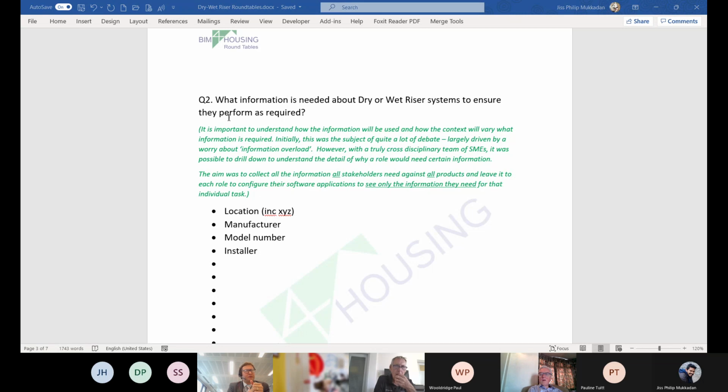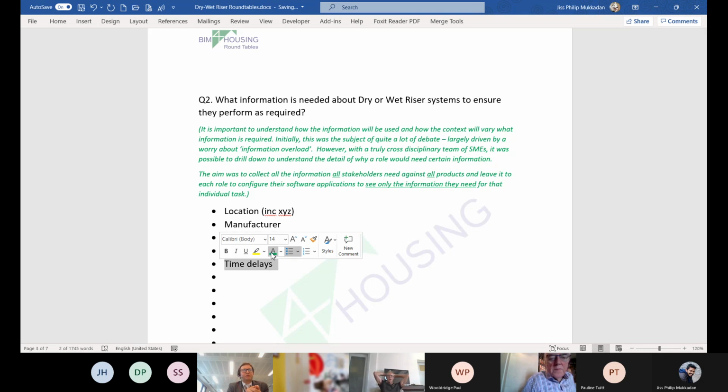What's the other one on there as well? And again, I know this is going to sound rudimentary, but things like time delays for pump starts are important as well. This is all the stuff which is the performance that you need. Time delay for pump operation, size of the tank.